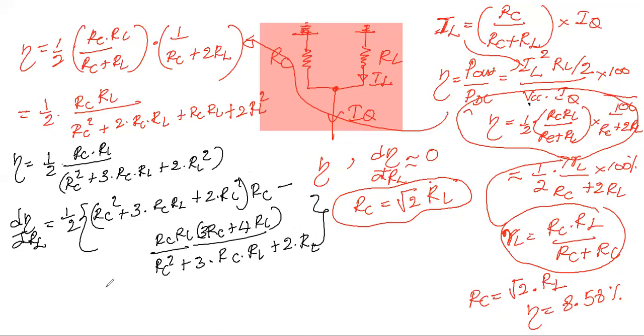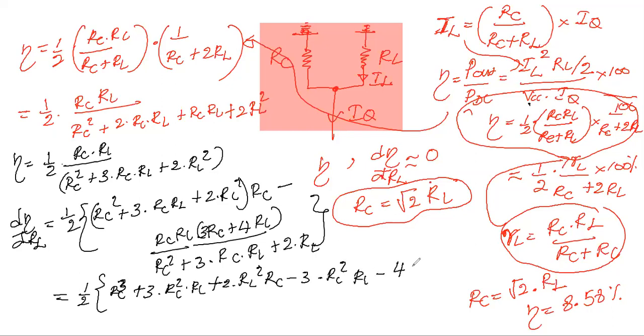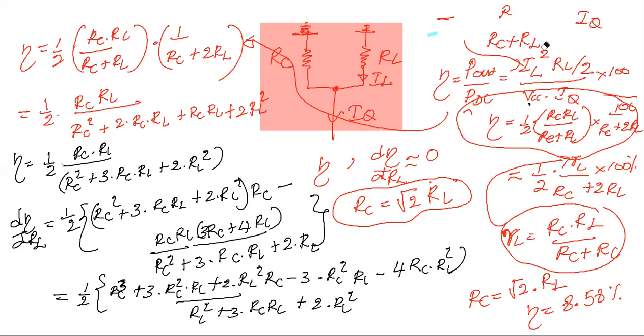So this is the equation. Again, you have to solve this one. Half into RC cubic power plus 3 times RC squared into RL plus 2 times RL squared RC minus 3 times RC squared RL minus 4 times RC into RL squared, divided by RC squared plus 3 into RC RL plus 2 into RL squared. I'll clear here.